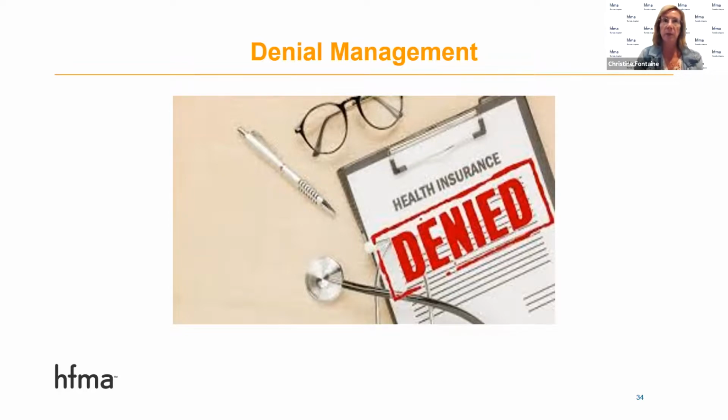Avoiding errors before a claim is submitted eliminates or reduces delays in payments from a health plan. Providers must move to a denial prevention strategy by trending and determining root causes, addressing those, and moving forward.